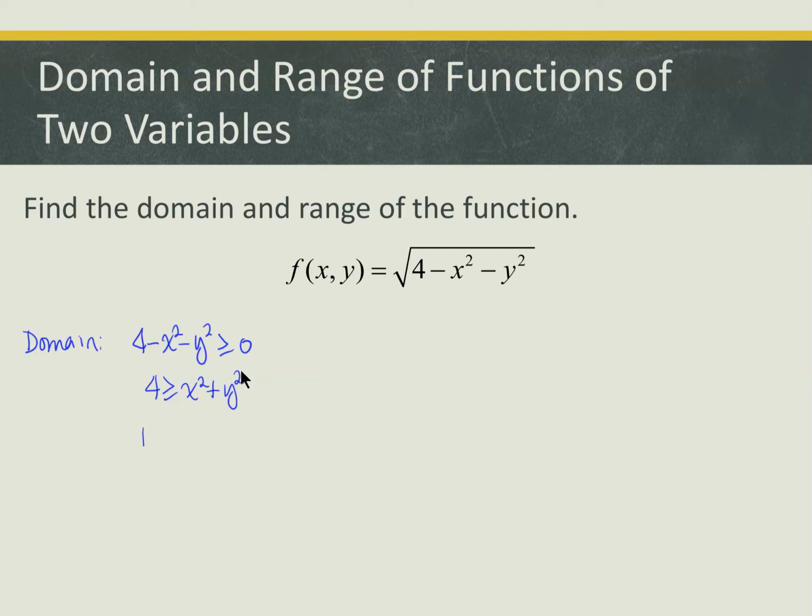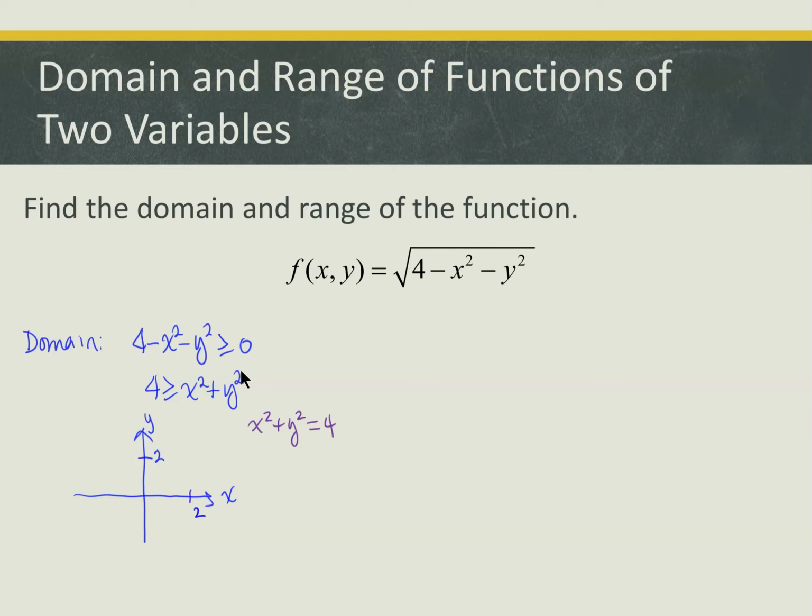Now, if we think about the xy plane, and we focus for a moment on the equal to part, on the x squared plus y squared equals 4, then we should recognize that that's a circle centered at the origin of radius 2.